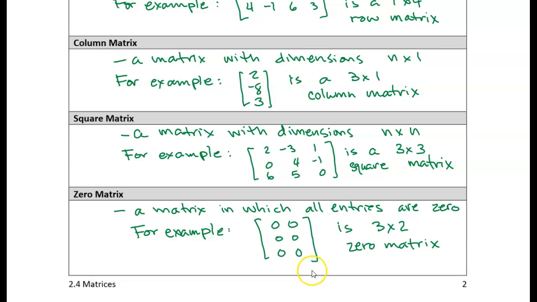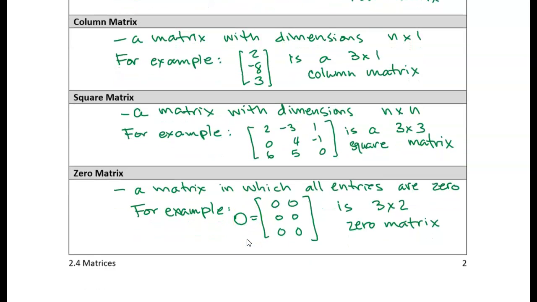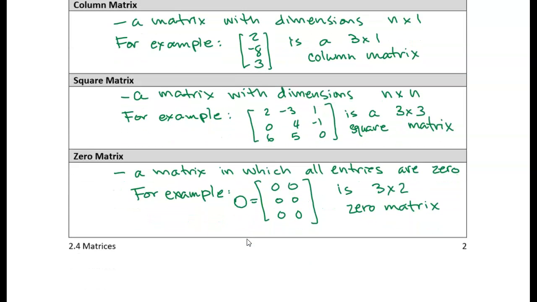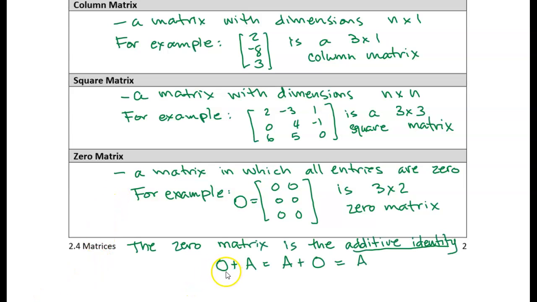Okay, so you might be wondering, why do we care about a zero matrix? Well, sometimes we just refer to this as 0. In this case it's a 3 by 2, but these zero matrices could have any size. The zero matrix is effectively the additive identity. So just like 0 in the land of real numbers, 0 is the additive identity, because we can add it to anything and you just get the same thing back, right?